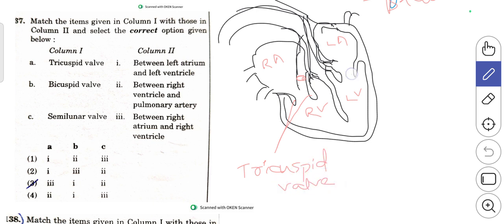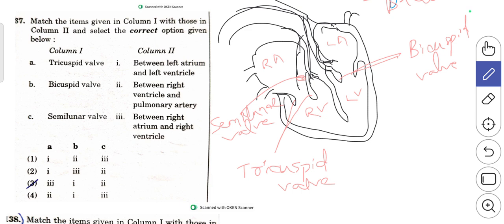This will be considered the bicuspid valve, and this one will be the semilunar valve.